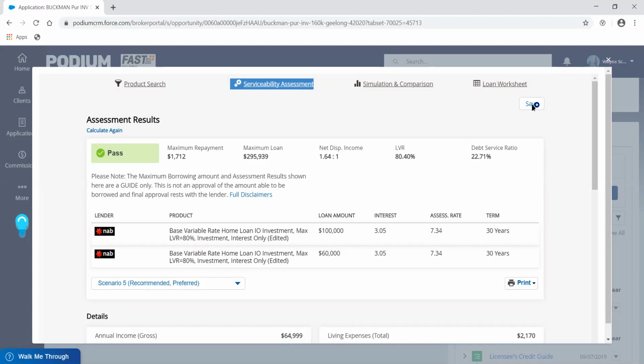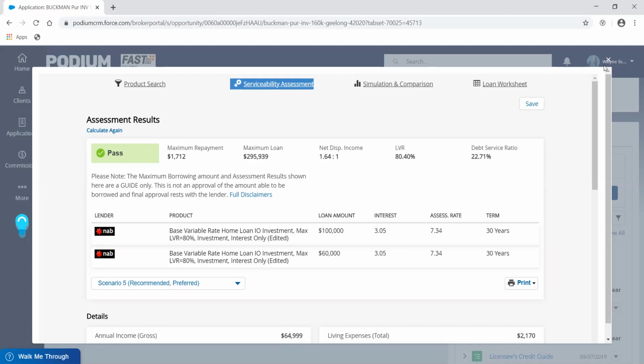There are, unfortunately, some discrepancies between what's in Podium and what the lender actually has and does their assessment on. So even though it says it's a pass, or whatever the result is for a particular lender here, it's very important that you also do the lender serviceability calculator and save that as well.